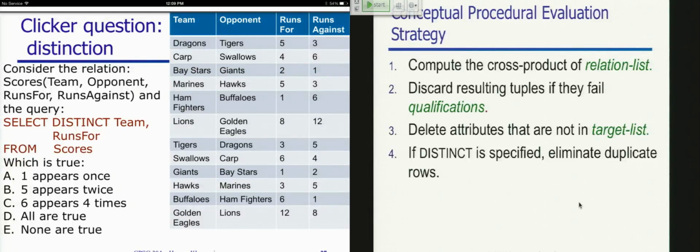It's because if it wasn't, then if you wanted to do a join, you had to specifically tell SQL to compute the cross product of these relations, discard resulting tuples if they fill the qualifications, delete attributes that are not in my target list. If I'm using distinct, then go and eliminate all duplicates.